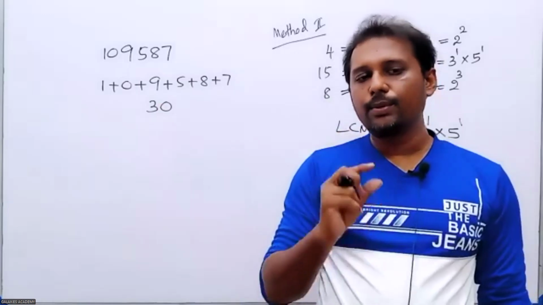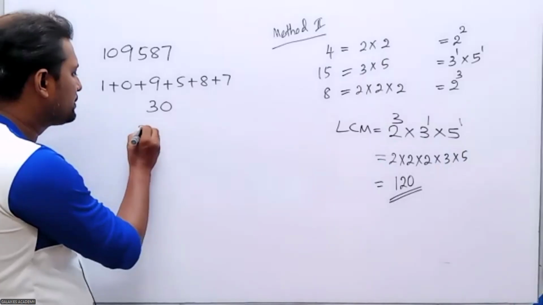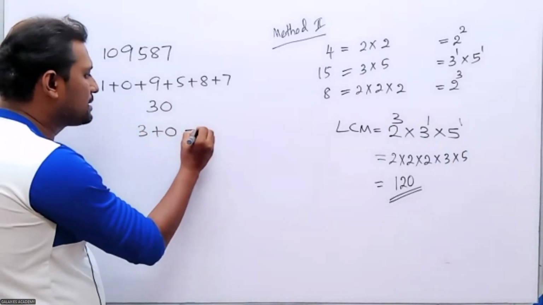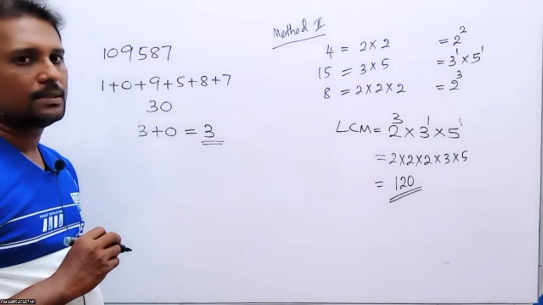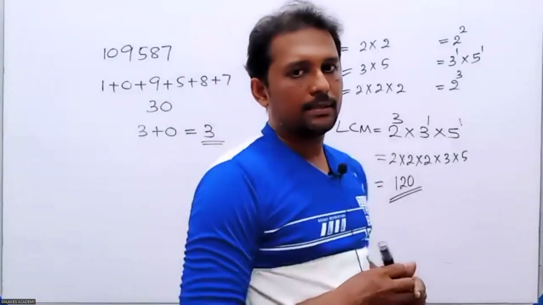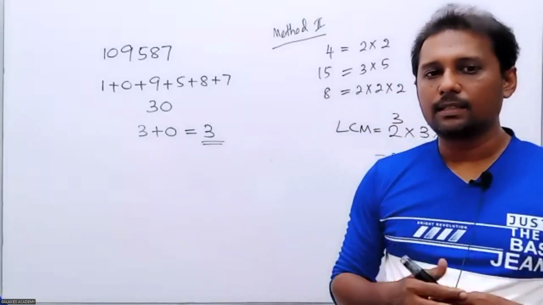So again you have to add these 2 digits. 3 plus 0, what is the answer? 3. So what is the digital root of this number? 3, right? You can check your answers and note down any needed thing.